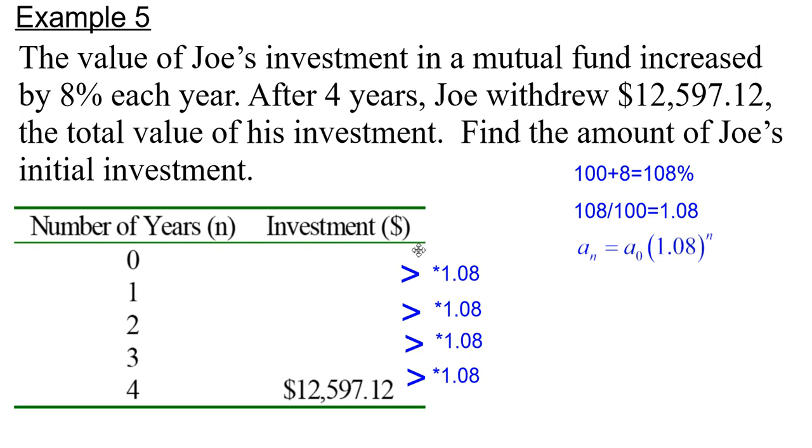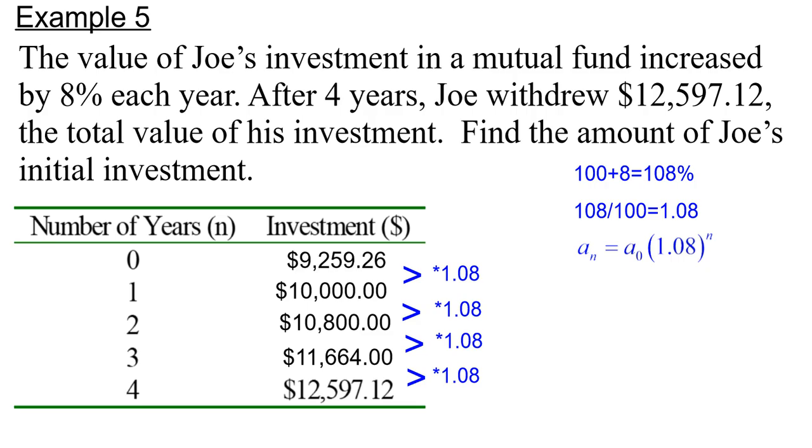So since I was multiplying to go forward, to go backwards to undo that, you can divide. So if I have my final investment, I divide it by my multiplier, that gives me the previous year's total. And I repeat that again to get the previous year's total, and again to get the previous year's total, and one more time to get my initial investment.